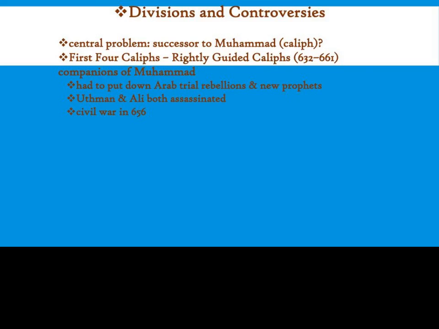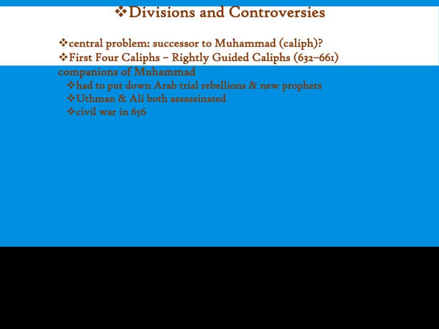They were companions of Muhammad. They had to put down Arab tribal rebellions and new prophets. Uthman and Ali were both assassinated, and there was even a civil war in 656.